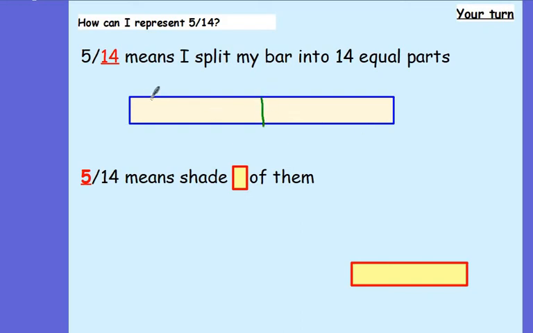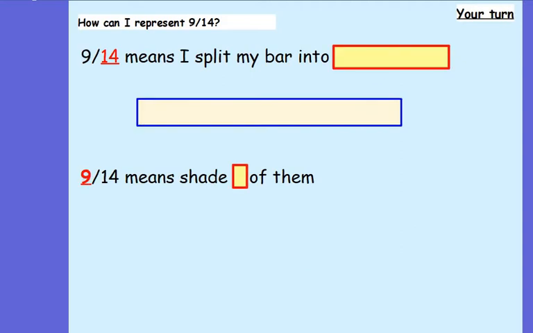Let's have a go at that. 1 up to 14. 5/14 means I need to shade in 5 of them this time. 1, 2, 3, 4 and 5. 5/14 in a bar model.